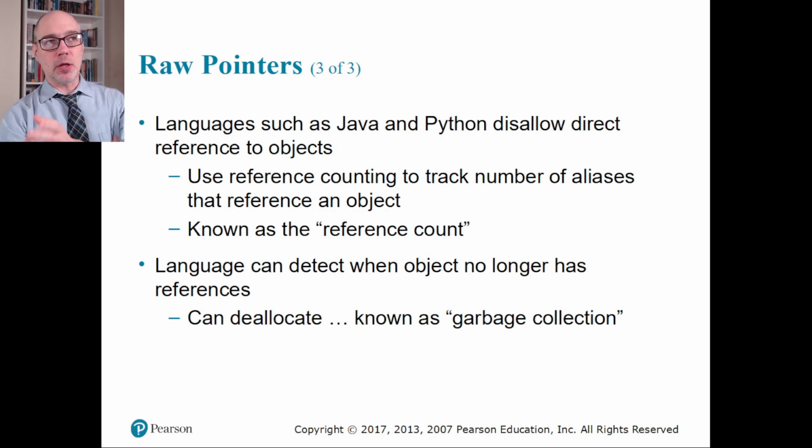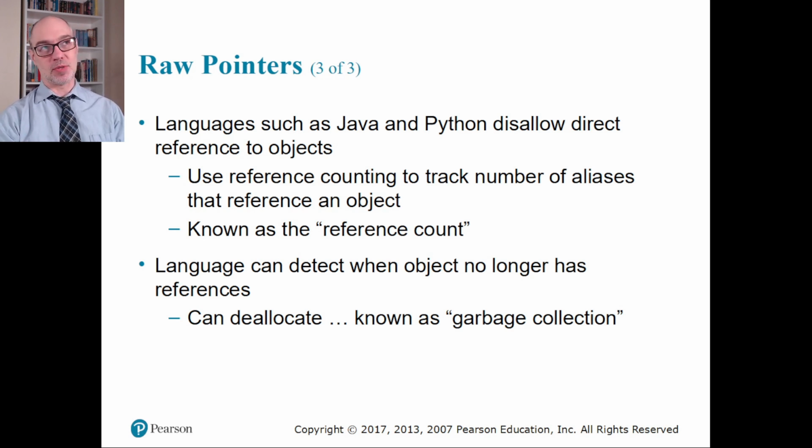So one thing that you could do specifically on the alias issue is have an object that knows about all these references and keeps account of how many references or pointers we have out in the world referencing this one object. That's referred to as the reference count, which is basically the strategy that is used in C++ specifically.